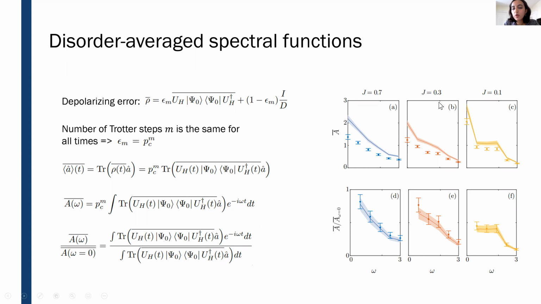This is for different values of J. And you see that while the experimental value follows the trend of the theoretical value, if you didn't have the theoretical value in front of you, all 3 curves would look pretty much the same, right? Then we designed this technique where we don't look at just the spectral function, but at the spectral function divided by its value at 0 frequency, and you can essentially remove all of the noise, right?